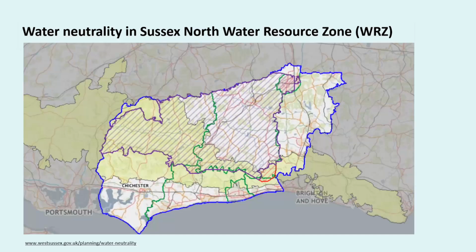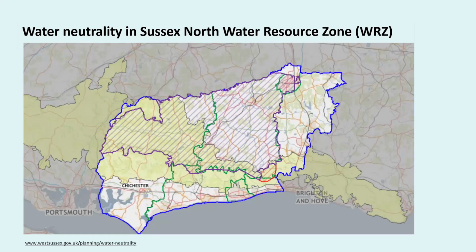Next slide, please. So, however, the situation is much more acute in the south and east of England, particularly in the Sussex North Water Resources Zone shown here. This zone encompasses Crawley Borough Council, Horsham District Council, parts of South Downs National Park, Chichester District Council, West Sussex County Council, and Mid Sussex, I believe, as well.